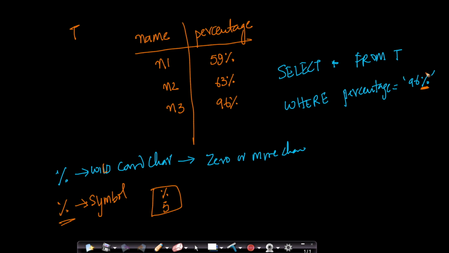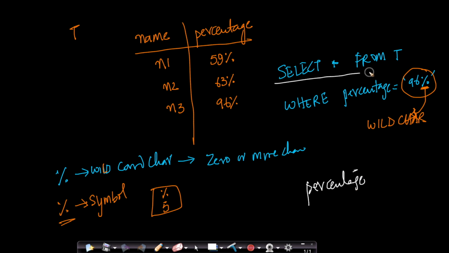In such a case, what do we do? Instead of writing it like this, because this is interpreted as a wildcard character, the default interpretation, the appropriate way to write this would be, everything stays the same: select star from T where percentage equals 96.